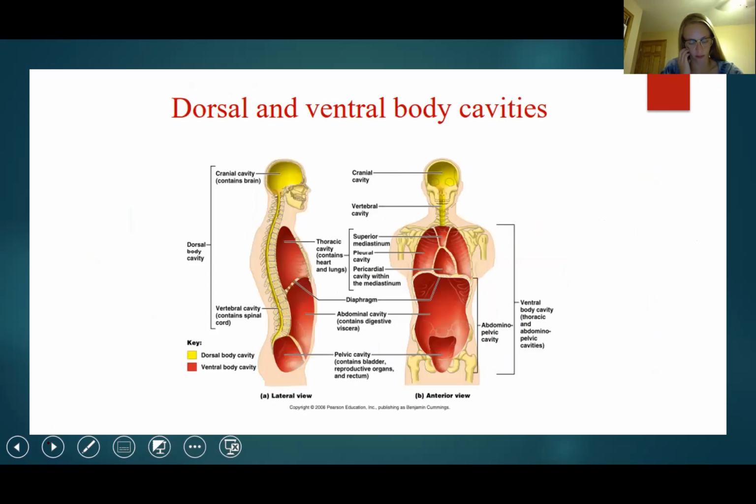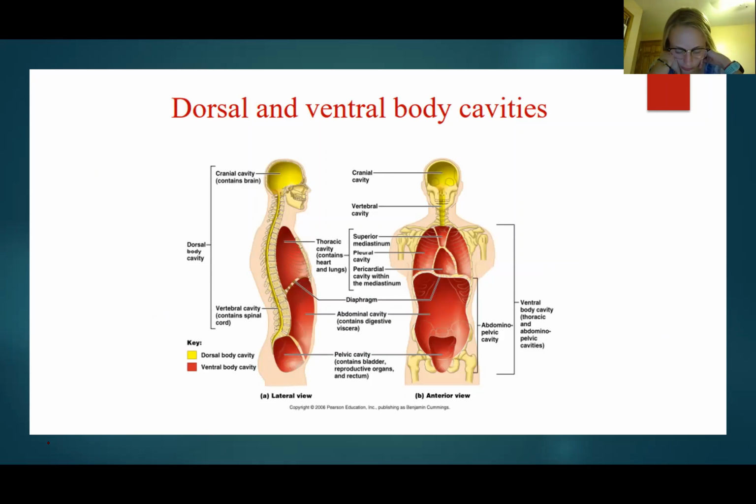Body cavities. So we're looping back around to that like I said we would. Body cavities. So we have dorsal body cavity. It has 2 subdivisions. We have the dorsal body cavity, which has the cranial body cavity and the vertebral or spinal body cavity.